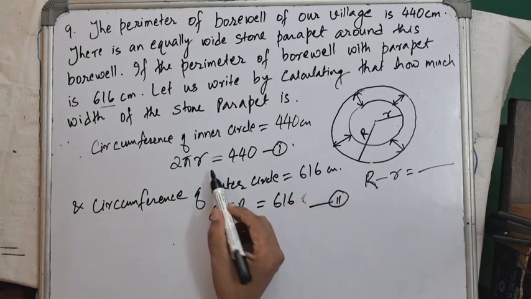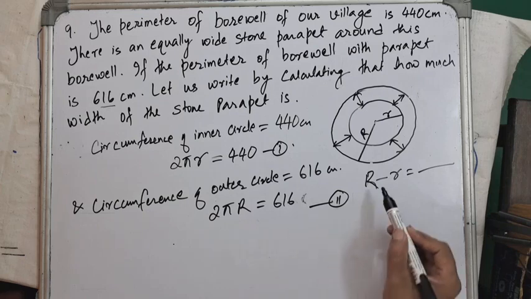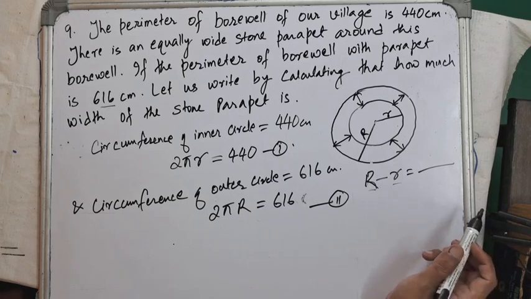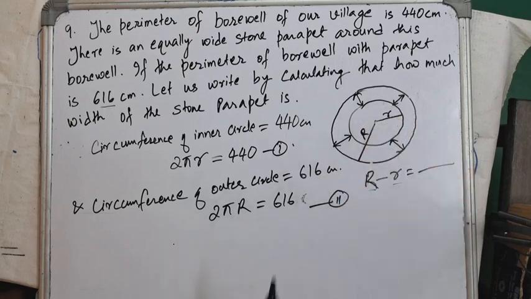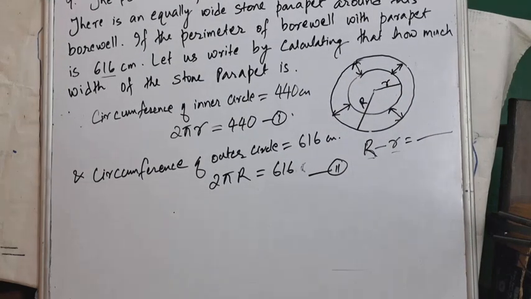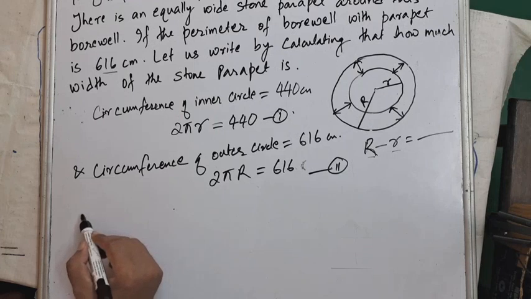Now this is equation 1 and this is equation 2. We need capital R minus small r to get the thickness of the stone parapet, okay? So let us subtract equation 1 from equation 2.